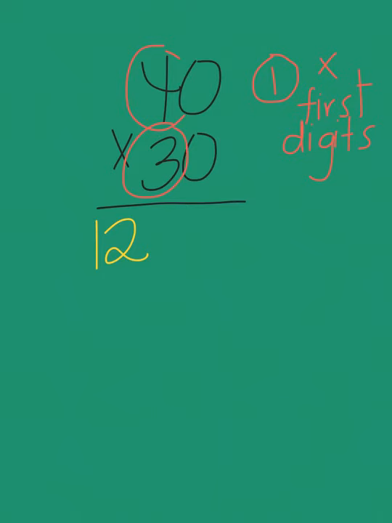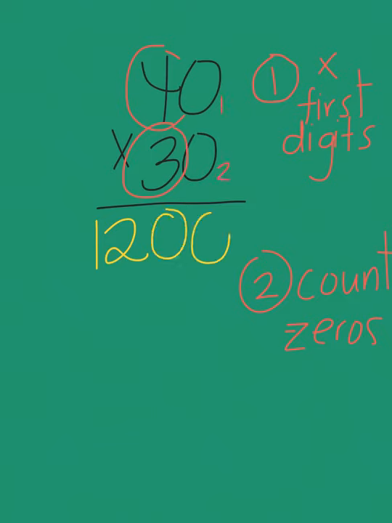And then we are going to count our zeros. When we count the zeros, we count 1, 2 zeros, and we add both of those zeros to our answer. So 40 times 30 is 1,200.